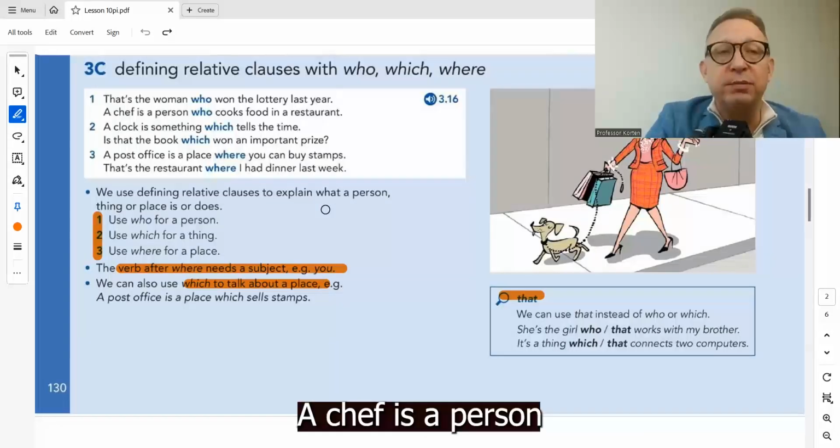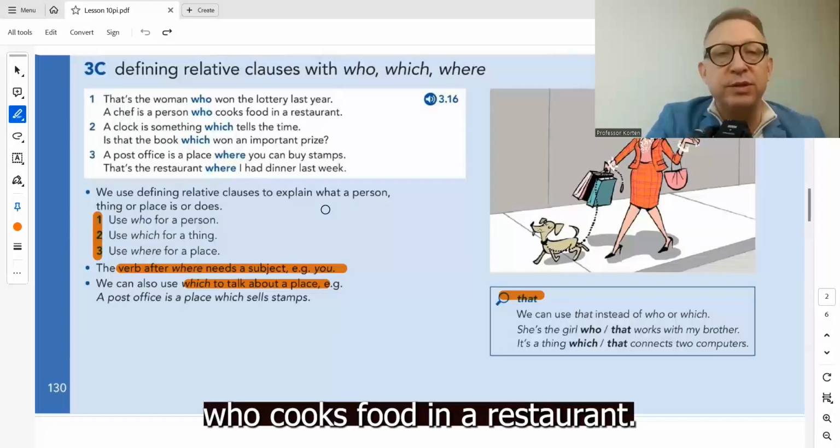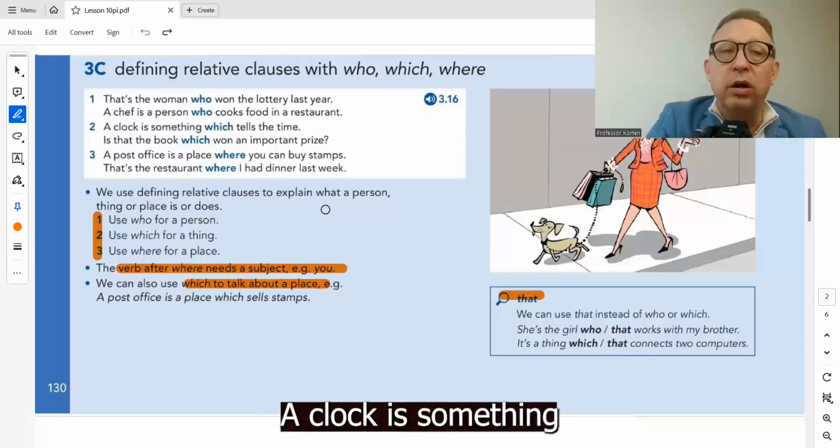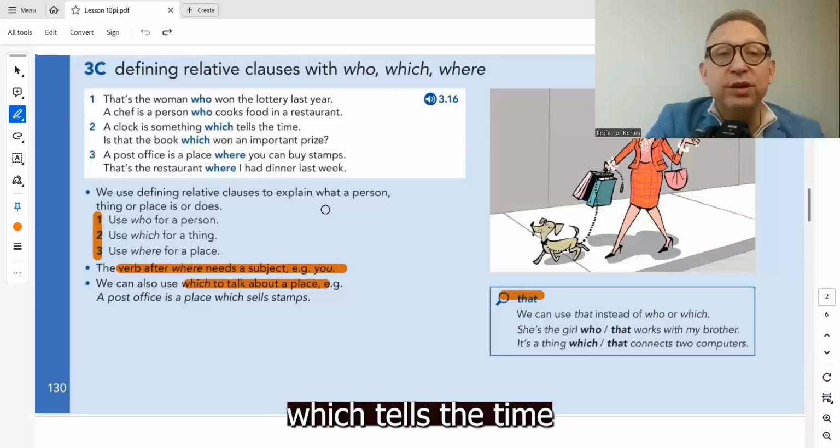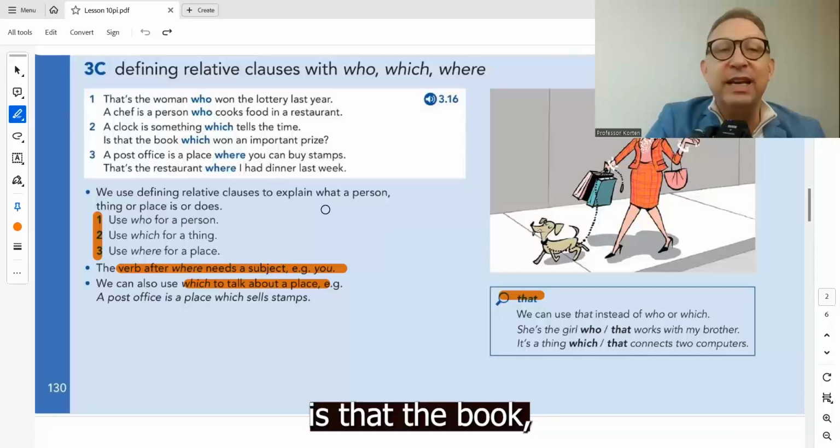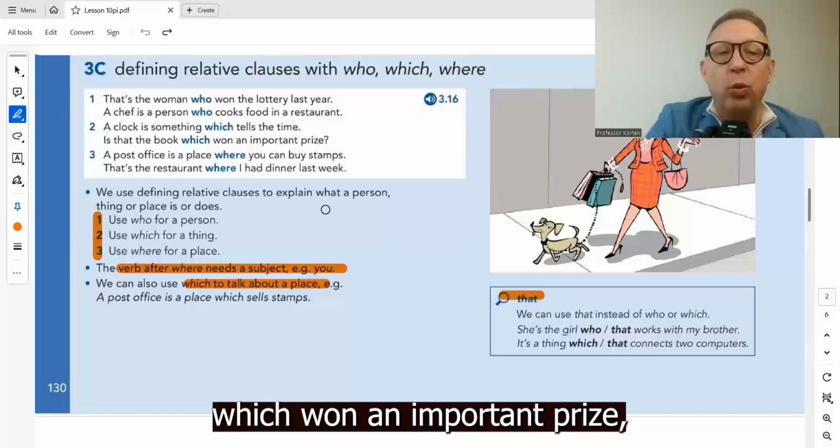A chef is a person who cooks food in a restaurant. A clock is something which tells the time. Is that the book which won an important prize?